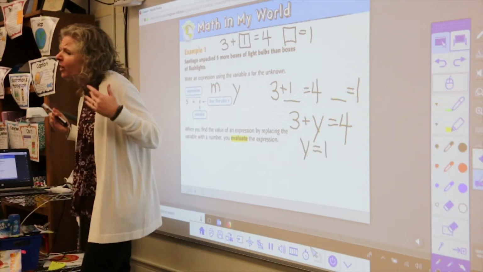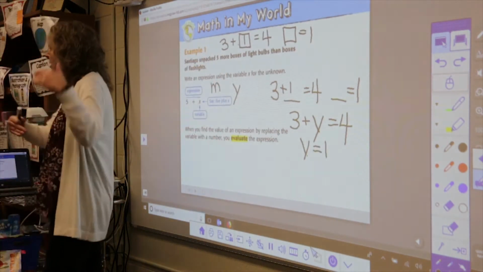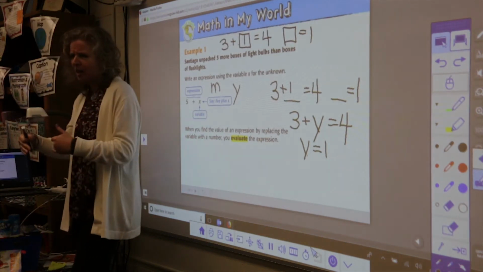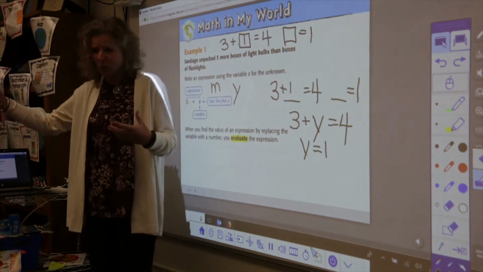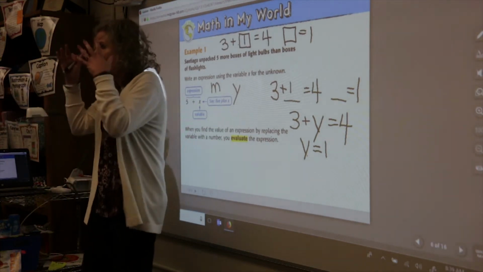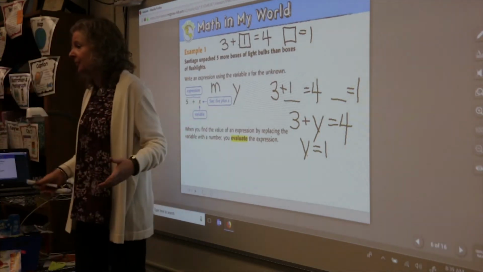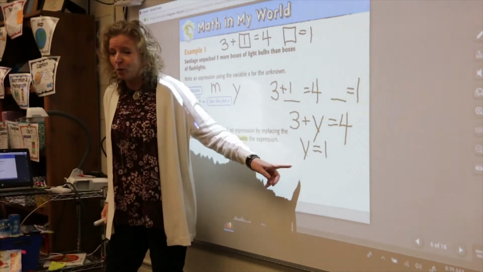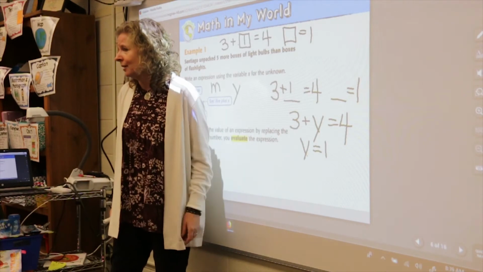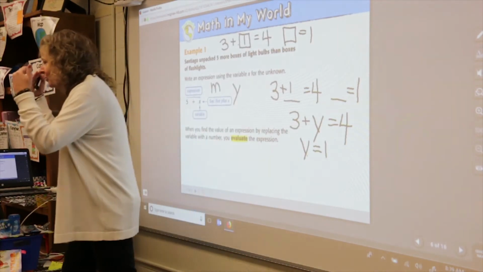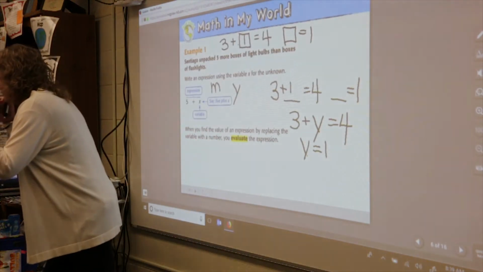Okay? Some people kind of flip out when letters start coming into their math. It's a common thing where kids, all the way through high school, get like that with the letters. Listen, if it makes you feel better, you can still go 3 plus boxy poo equals 4. You can still do that in your head.